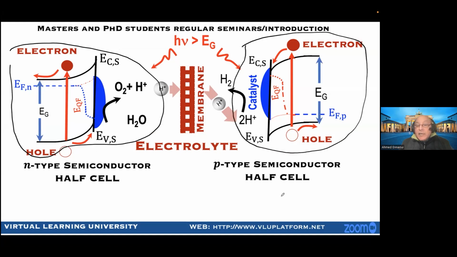One is an anode and one is a cathode, but you also have to have a good catalyst for the N-type and a good catalyst for the P-type in terms of energy, because your quasi Fermi level here is close to the vacuum, and here is very far from the vacuum. So therefore, when you are looking for a catalyst, you have to take this into consideration.